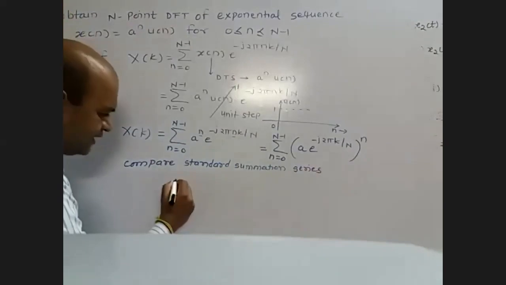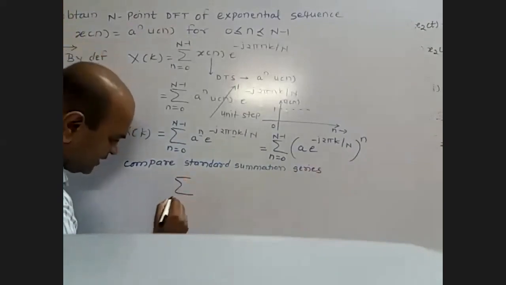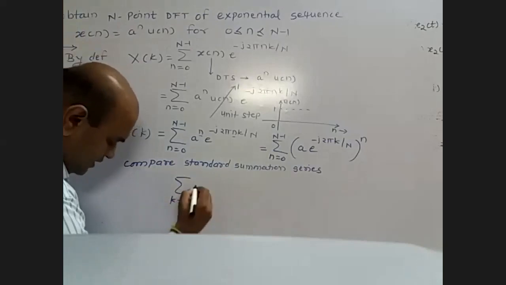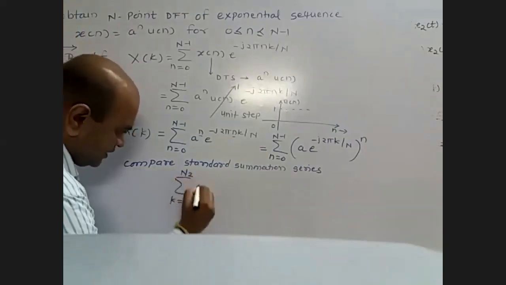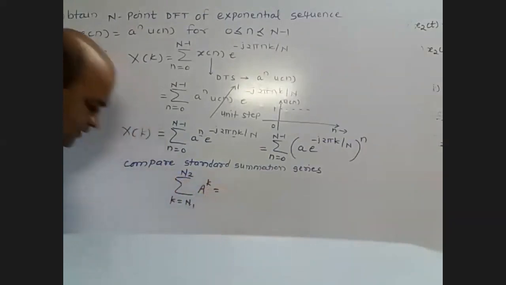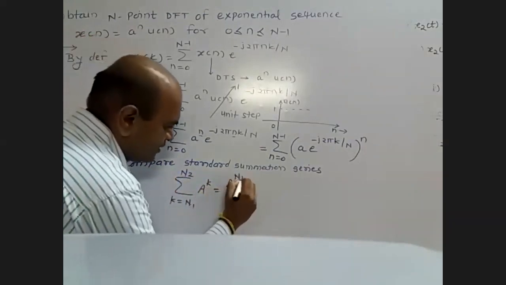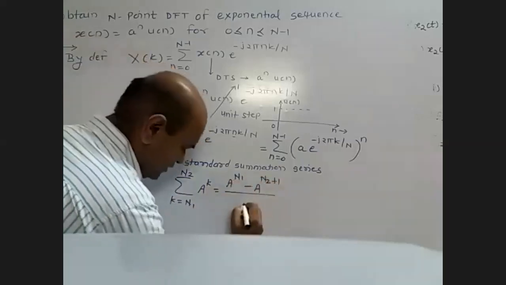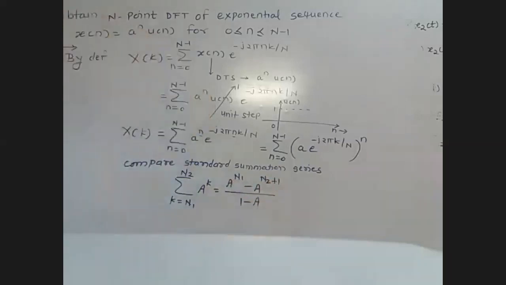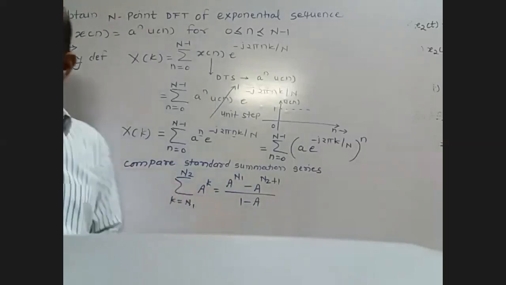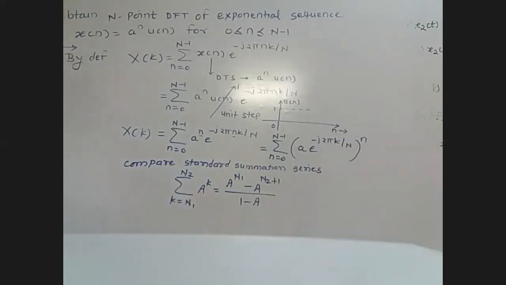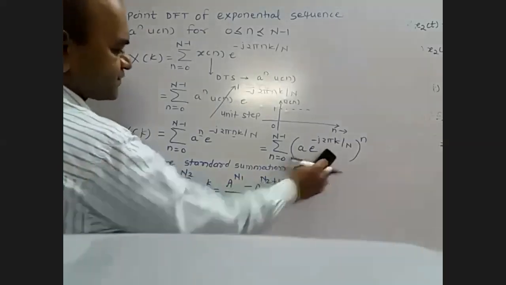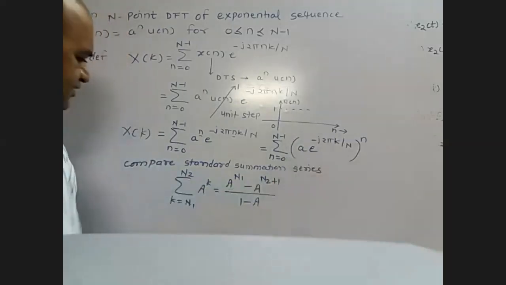I am giving you that formula: summation of k equal to n1 to n2 of a raised to k equals a raised to n1 minus a raised to n2 plus 1, upon 1 minus a. Hope you remember. If not, this is a standard summation series, and because of it we compare this expression with a raised to k.